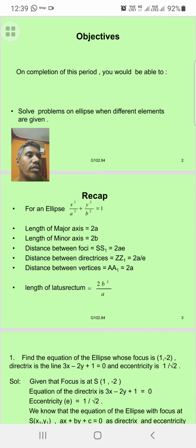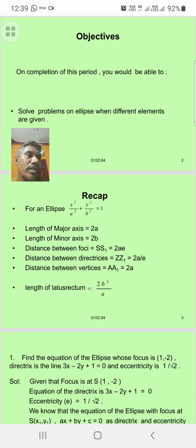Then if you know one value, a or b, substitute again in the eccentricity formula, latus rectum formula or foci formula, and you will get the b value also.